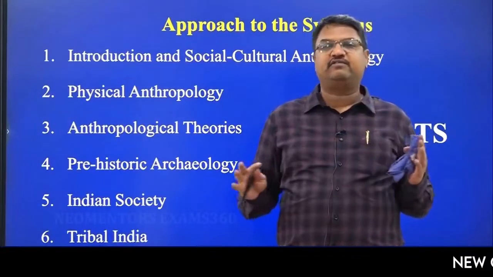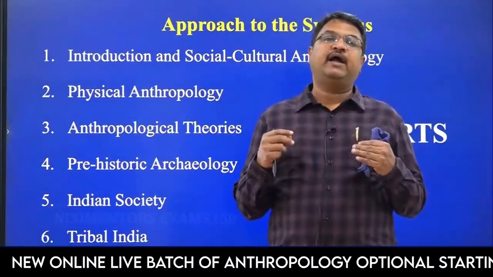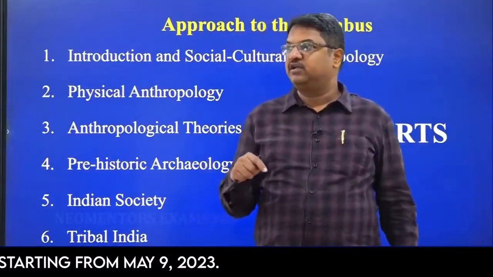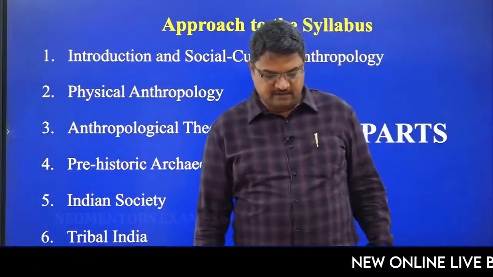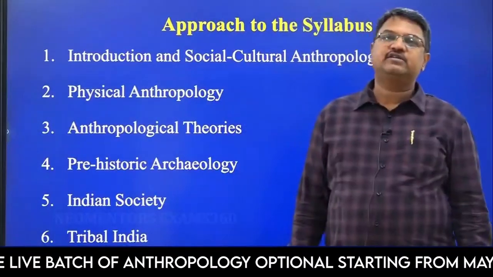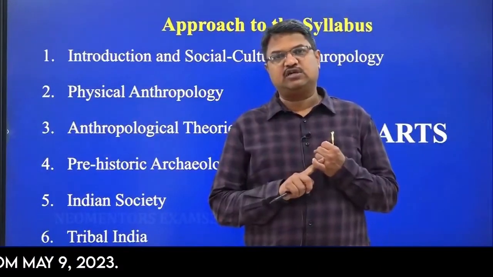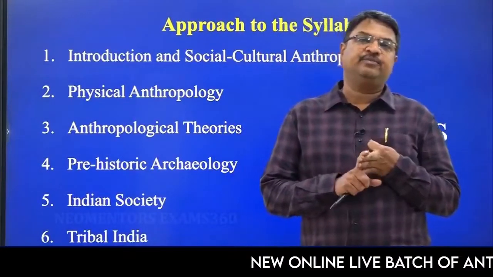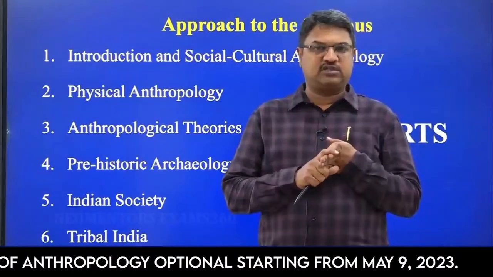When we divide it into easy parts, that will also resonate with the idea of the optional subject being divided into so many parts, because traditionally also the early pioneers of the anthropological subjects have divided the subject matter of anthropology into 4 parts. One is social or cultural anthropology, second physical or biological anthropology, thirdly they have talked about linguistic anthropology, and fourthly they have spoken about archaeological anthropology.